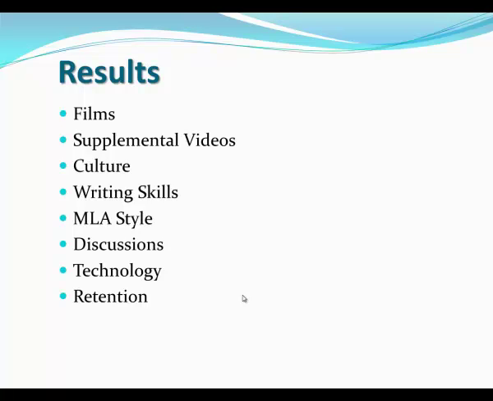And the last one, retention, is a big deal in our school. It's something that we're always discussing. For this particular course, the retention rate has stayed in the 90%, almost 100%, since the inception of this course, in comparison to other course offerings at the institution.